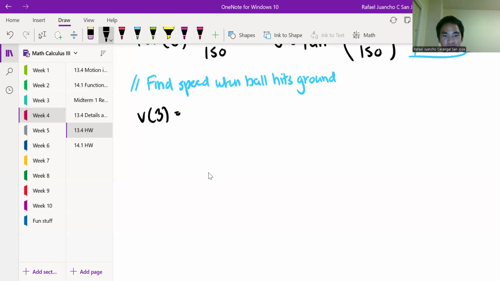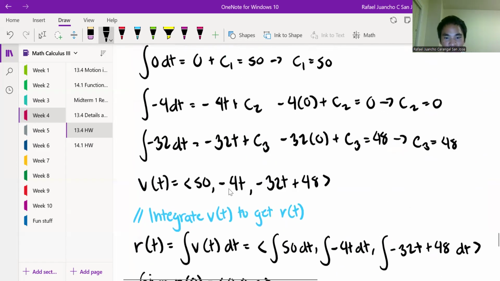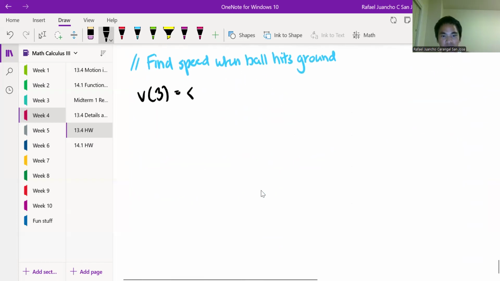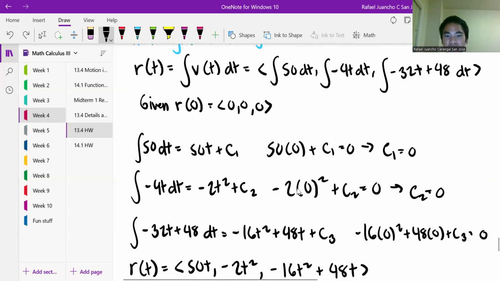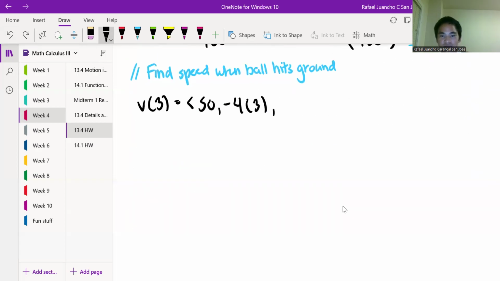So v of 3, what are the numbers? 50 minus 40. I just plug in a 3 here. And I think this was minus 32t plus 48. And I should get a number here.